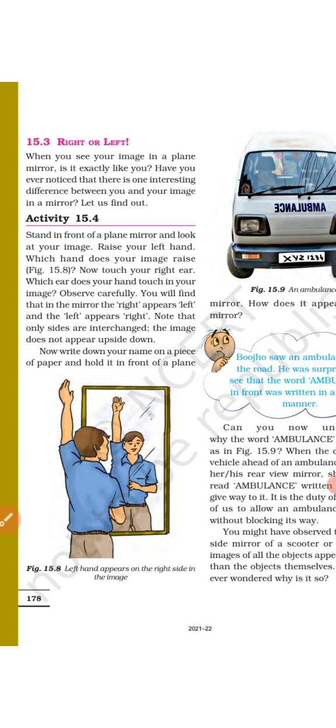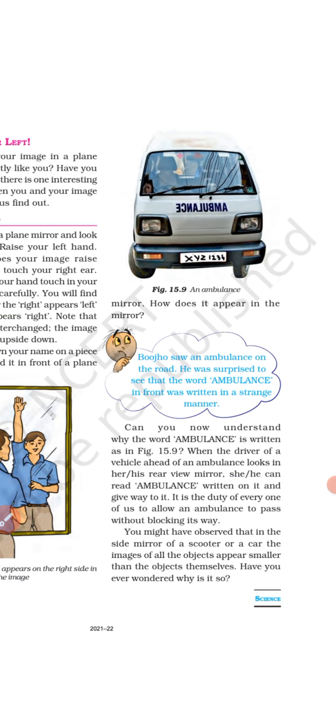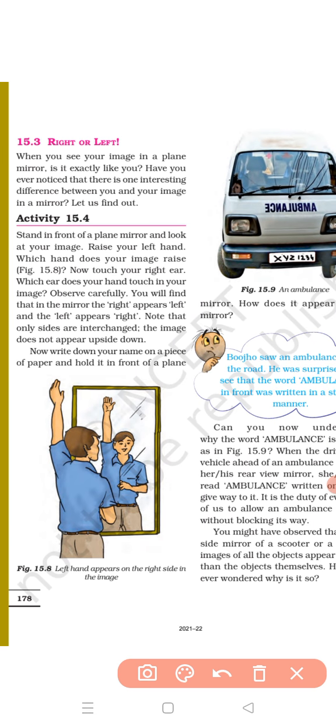See, if we lift our right hand, then our image lifts its left hand, right? And if we lift our left hand, then the image appears to lift its right hand. You can look at figure 15.8, this one. If you lift your left hand, the image appears as if it is lifting its right hand. And if you lift your right hand, then the image will lift its left hand.